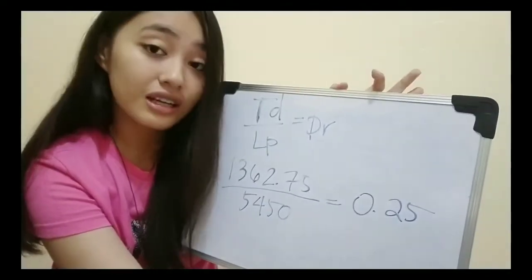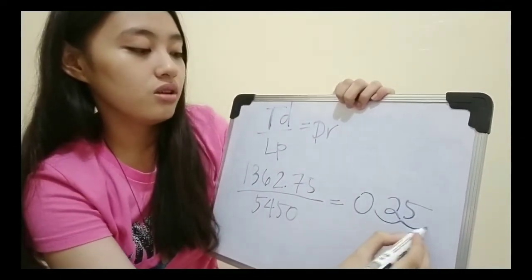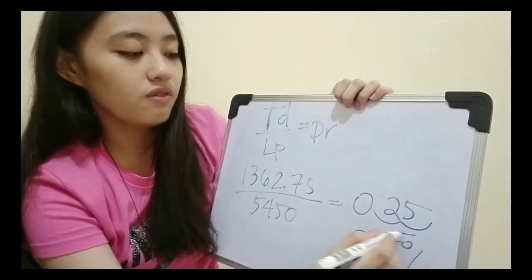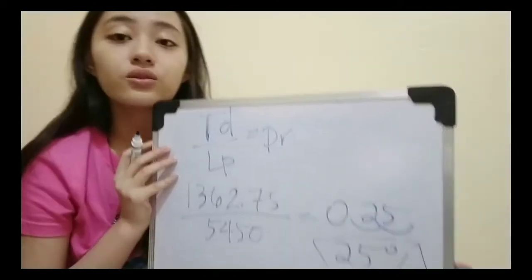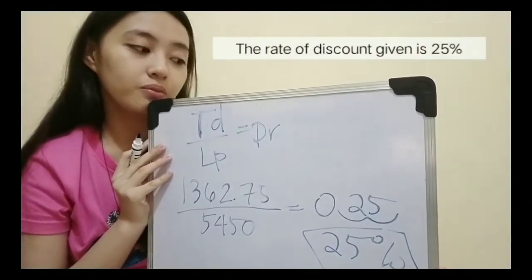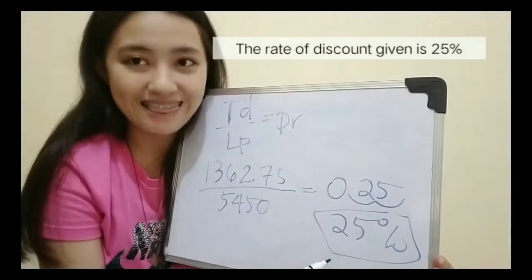Pero dahil discount rate ang hinahanap, ito-convert natin siya sa percentage, and then, count the decimal places. And then, will be equal to 25%. So, therefore, the discount rate that was given to come up with a net price of 4,087.25 is 25%.